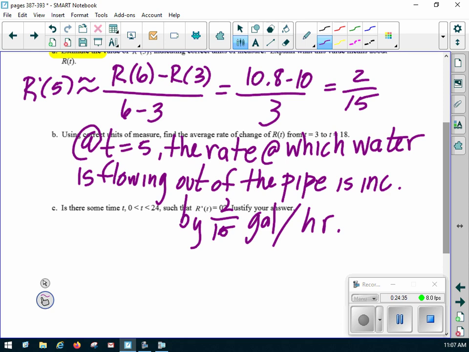But on the AP exam, when it says you write that number with the correct unit, you're going to put gallons per hour per hour. Yes, you can put gallons per hour squared, but what's a square hour?